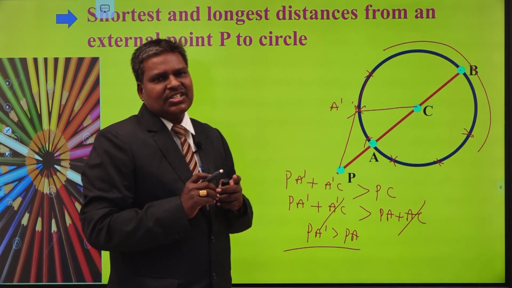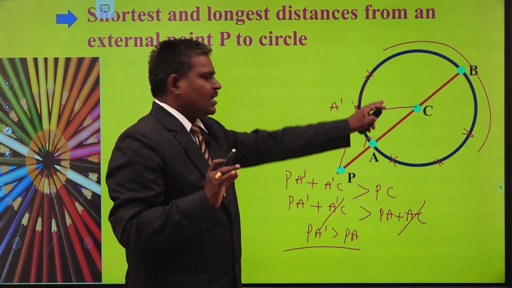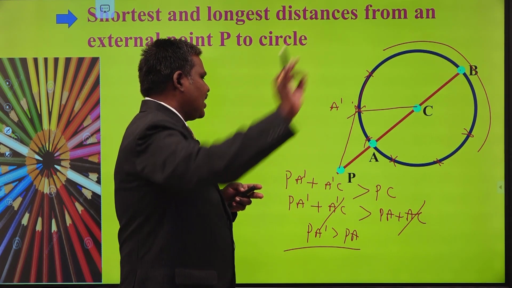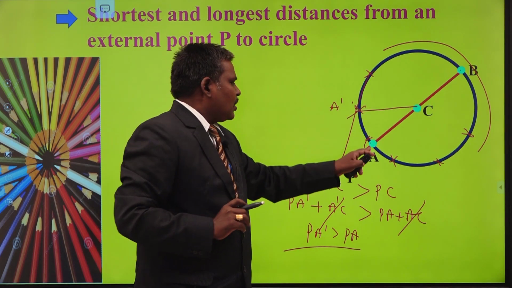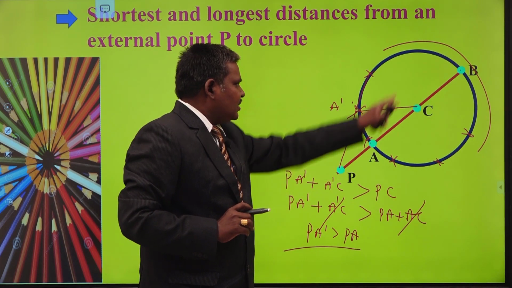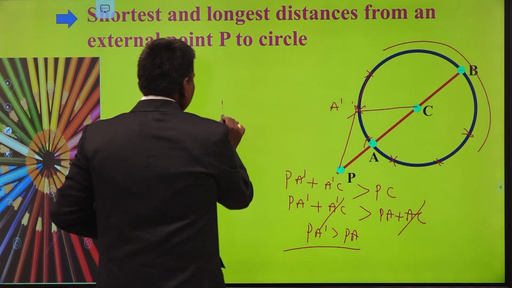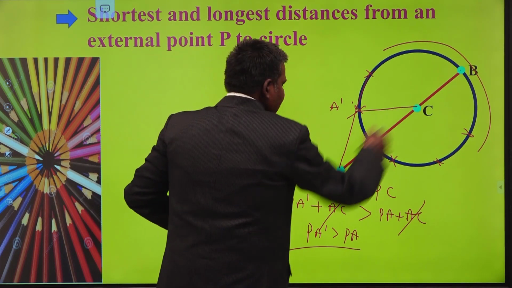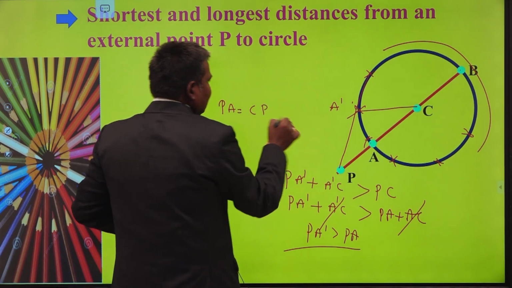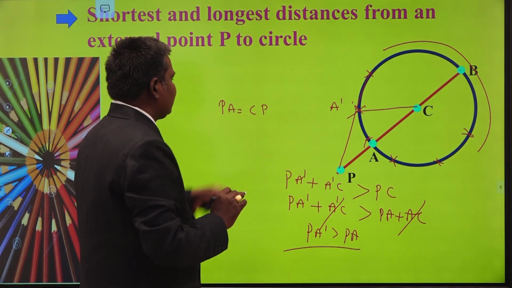So how to get the shortest distance? If you have any point in the plane of the circle S equals 0, just join C to P, that intersects the circle at A and B. Now this is the nearest point, that will be the farthest point. So what is PA? PA is equal to CP, this distance from here to here. They will give the center of the circle. If the circle is given to you, you can easily find the center of the circle.